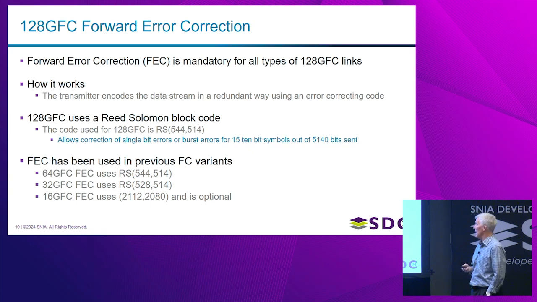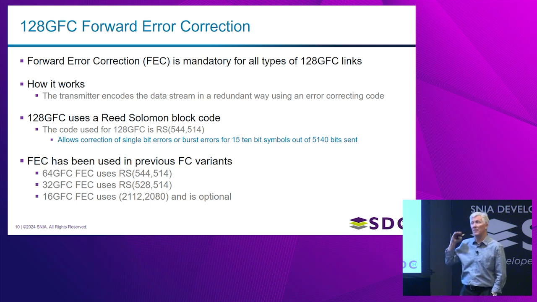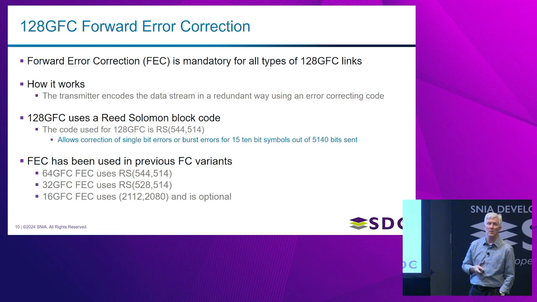This began actually at 16 gig as an optional function, and then was required at 32, 64, and definitely at 128. Each time we go through one of these generations, we have to come up with a better forward error correcting technology in order to achieve the data rate and the bit error rate capabilities that we want at the speeds that we're attempting to produce for the industry.